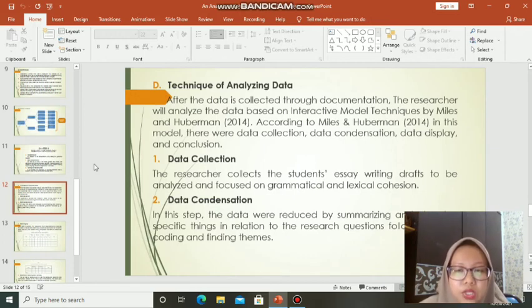So for data collection, the researcher collects the students' essay writing drafts to be analyzed, focusing on grammatical and lexical cohesion. Then data condensation. In this step, the data were reduced by summarizing and choosing specific things in relation to the research questions, followed by coding and finding themes.